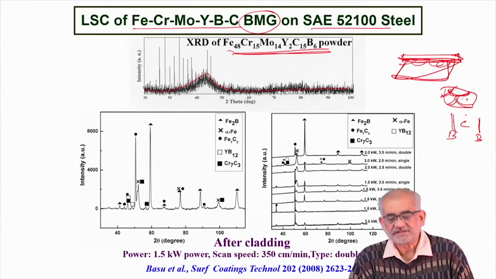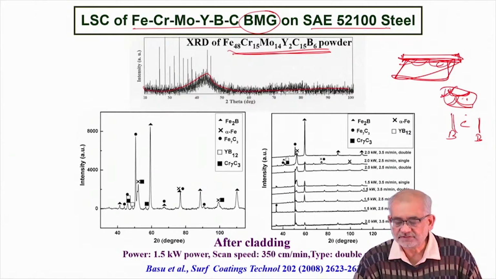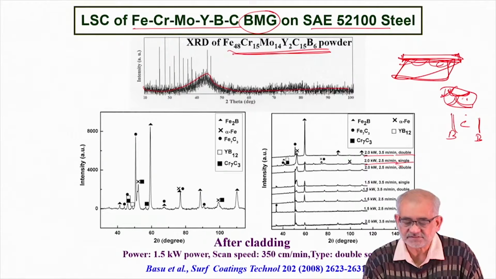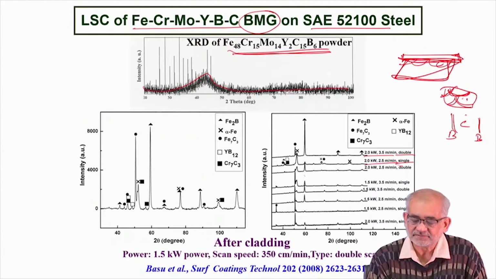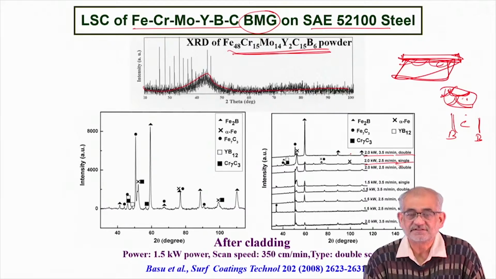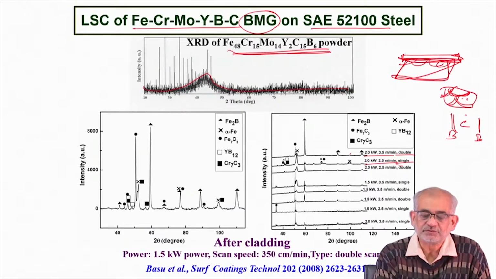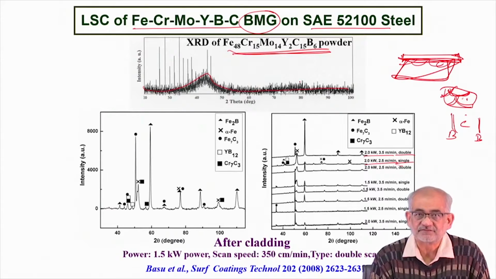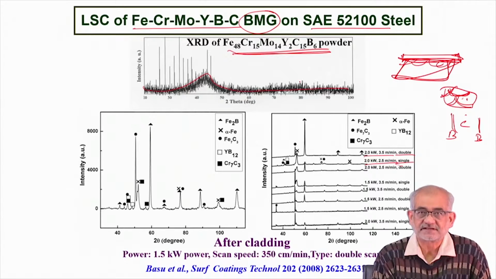And to our surprise, what we found was that no matter how we changed the process parameters, either single or double seam or various combinations of power and scan speed, every time we ended up getting certain crystalline peaks. In other words, we were unable to retain a complete metallic glass or amorphous structure after laser cladding.